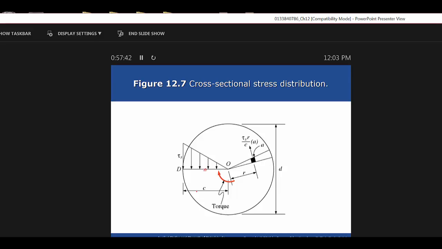Well, if you rearrange that, the required diameter is the cube root of 16 times the torque divided by pi times that allowable shear stress. And that will tell you the diameter of the shaft that you need for a particular project. Okay?